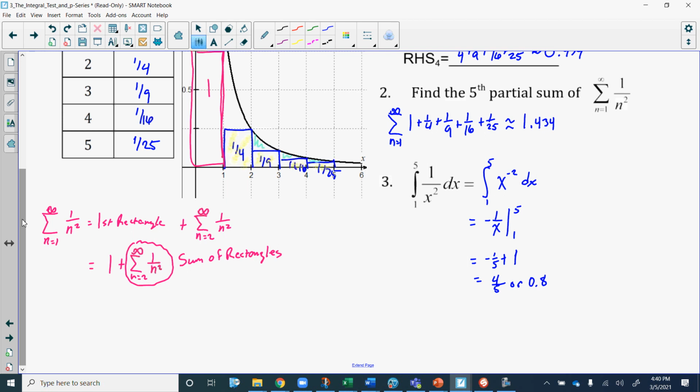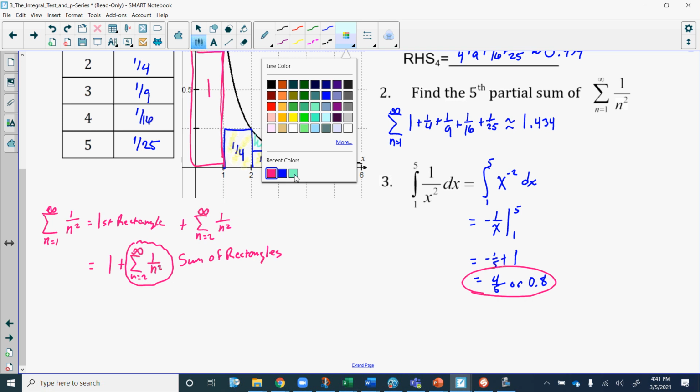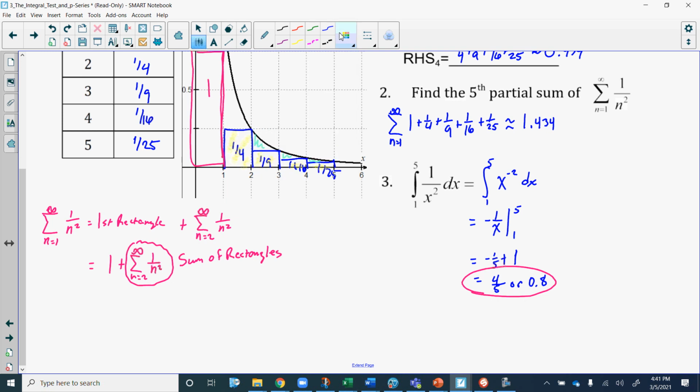So what we're going to be looking at here, moving on, is what we were able to show with the integration here. If we start doing the integration of the entire part, that's going to be looking at all of this overall area, the actual area underneath the arc, not the underestimated values.